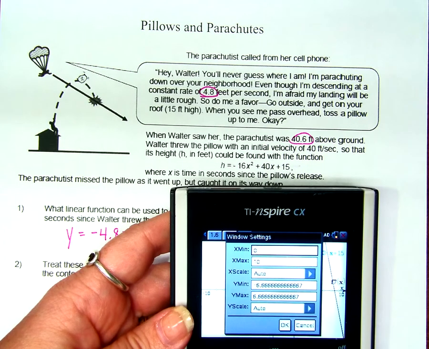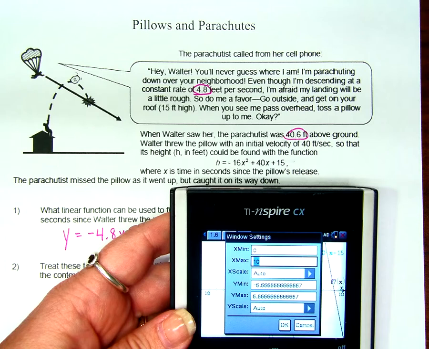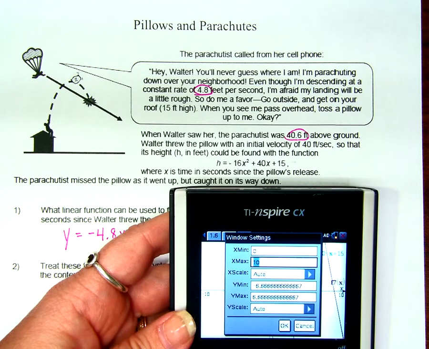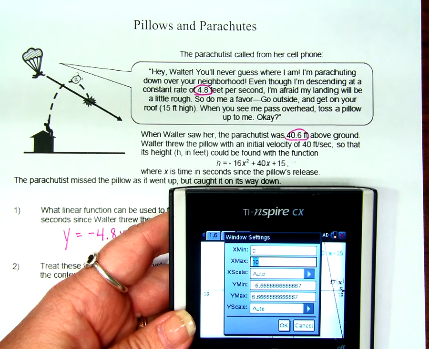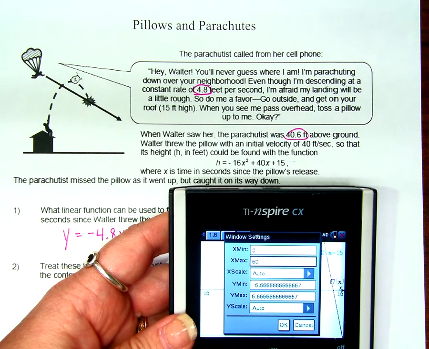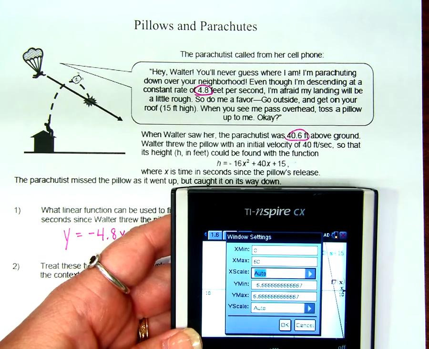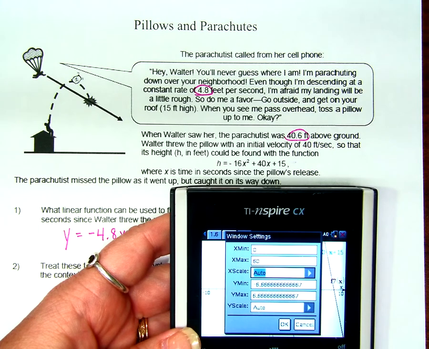Probably 0. And then what should my x max be? Time. How many seconds are we dealing with here? 60 seconds in a minute. Okay, so let's go with 60. Guys, if any of these are wrong, we can go back and fix them. You know that, right?